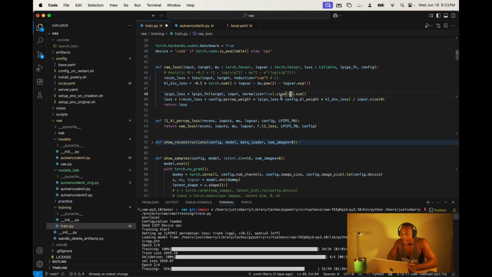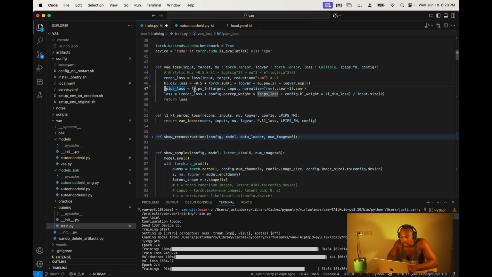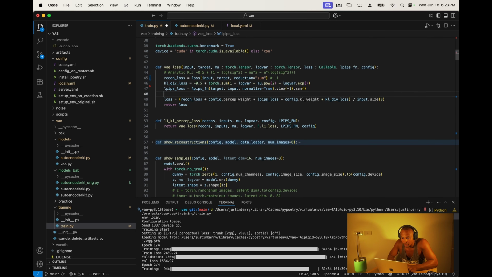So basically I added that term, LPIPS loss, to the loss function, and then I'm multiplying it by a weight. One issue is if this weight is too high, it'll start hallucinating because it'll start actually taking elements from the VGG embedding space. So you want to get the benefits by making sure it's not weighted too high.